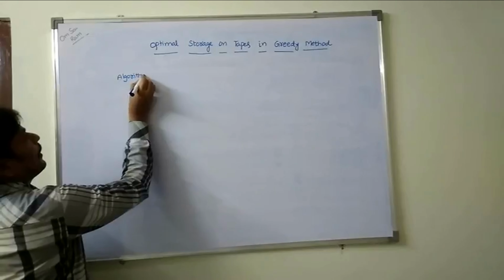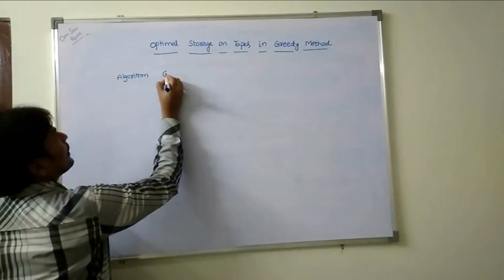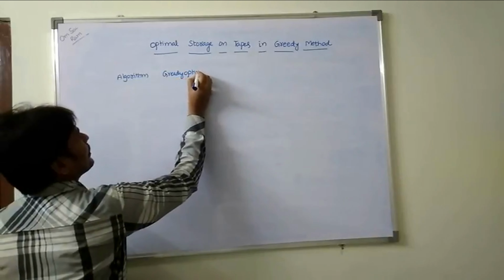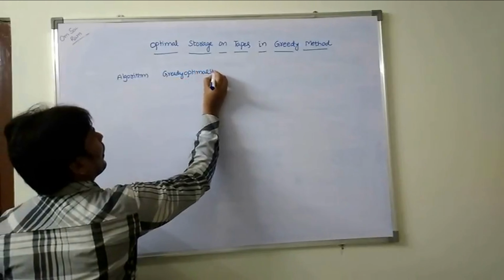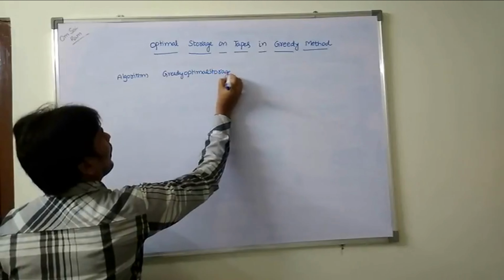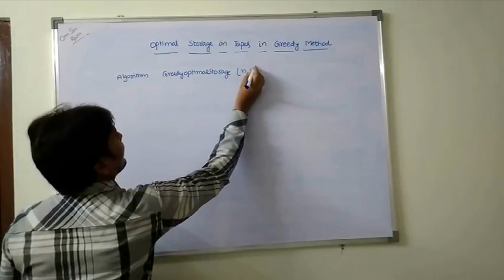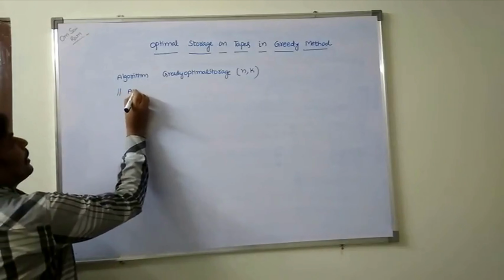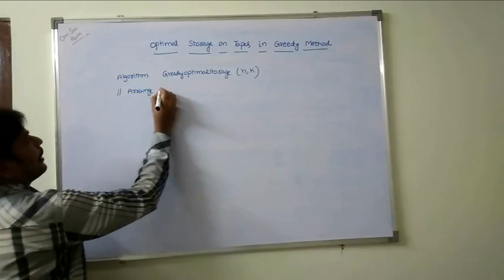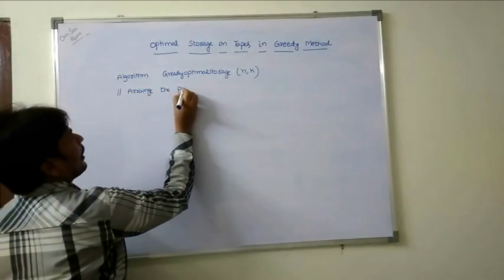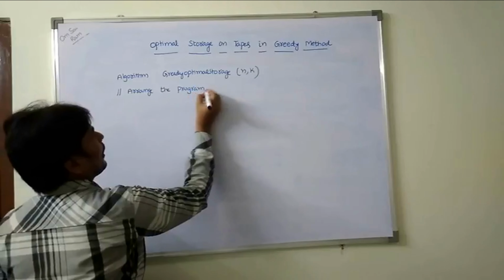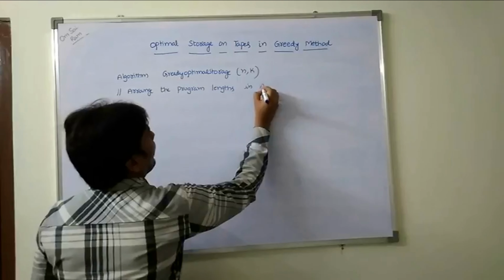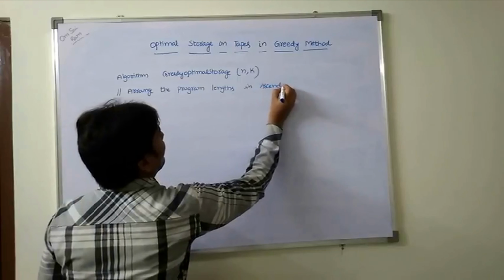Algorithm greedy optimal storage (n, k).